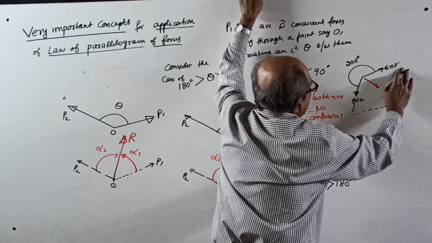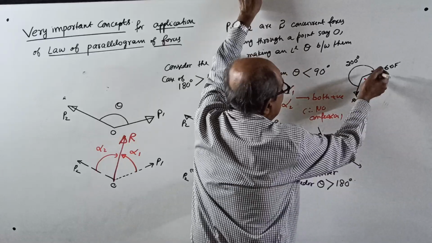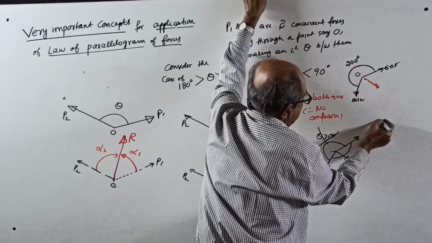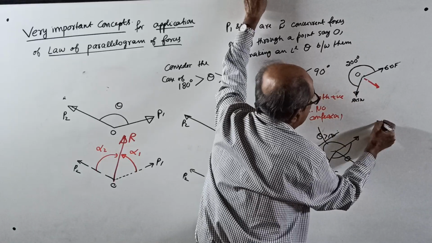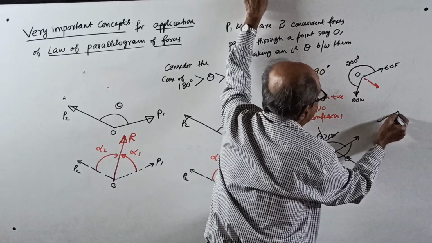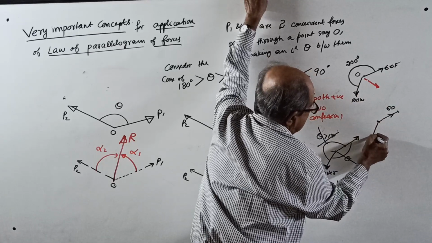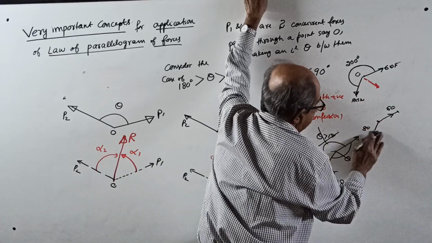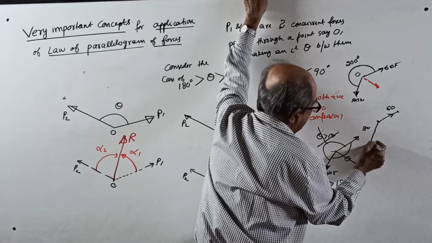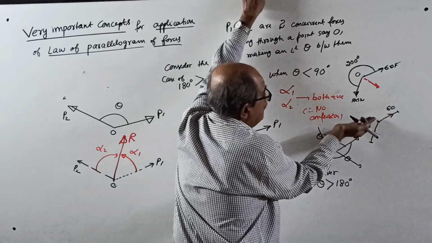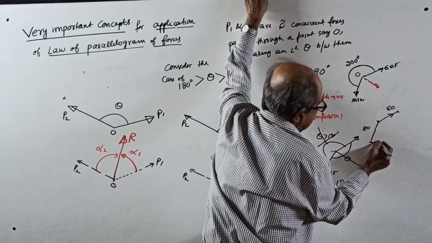Even if they give this 200 degrees here, when you draw the parallelogram of forces, see here, 60 and 80 to some scale. I am just telling 80 randomly, 80 Newton. Now, how can you draw the parallelogram here?